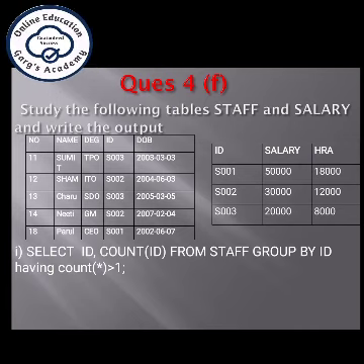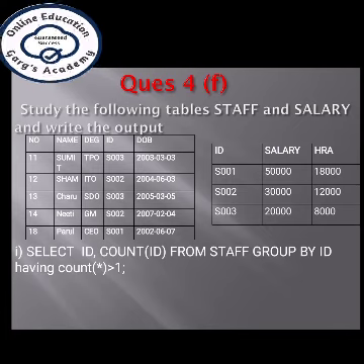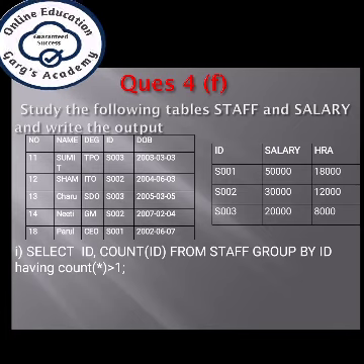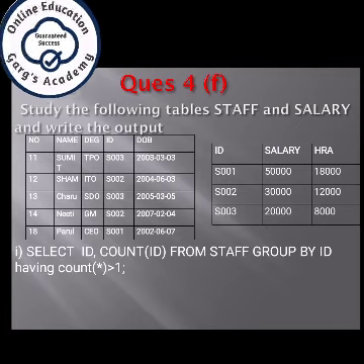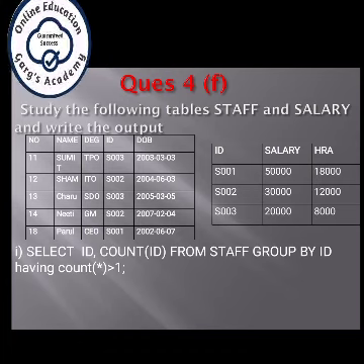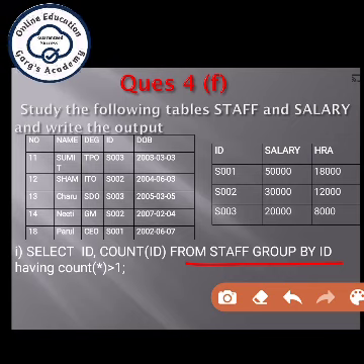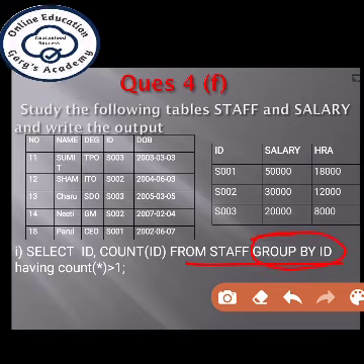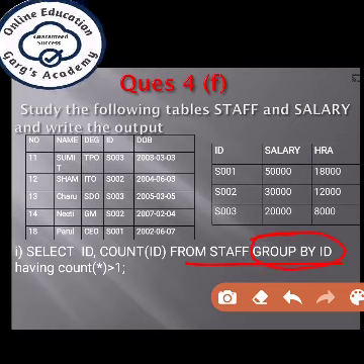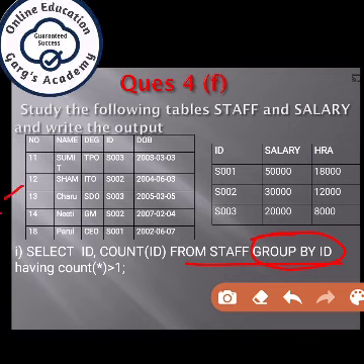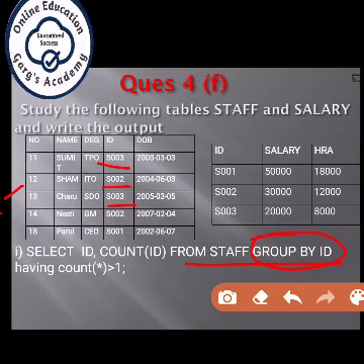Now in this part there are 3 questions for the output part. First question is SELECT ID, COUNT(ID) FROM staff GROUP BY ID. So students, whenever there is a GROUP BY ID question, from which table? Staff, means this table. So you will check the ID column.